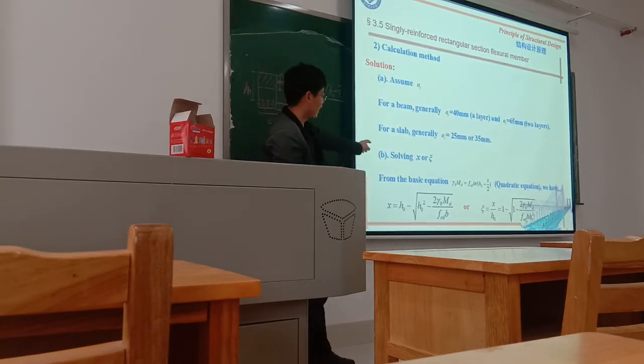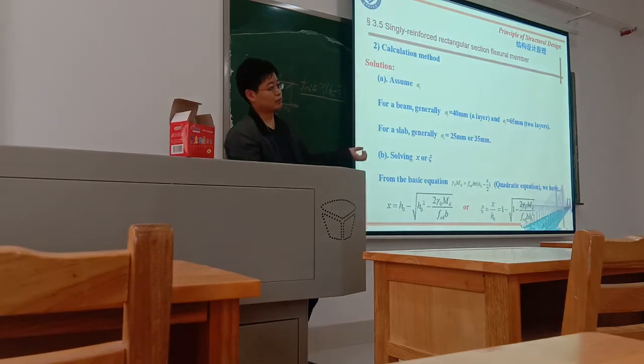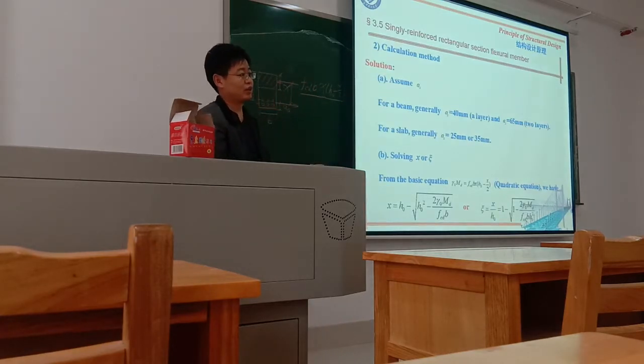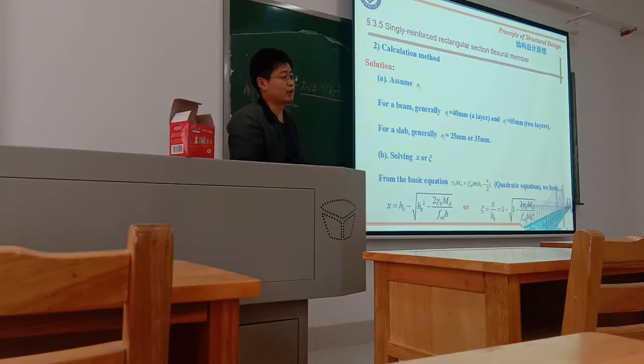And this part, gamma 0 MD, is the moment induced by the external load. Gamma 0 is the importance factor of the structure, because we have level 1, level 2, level 3.